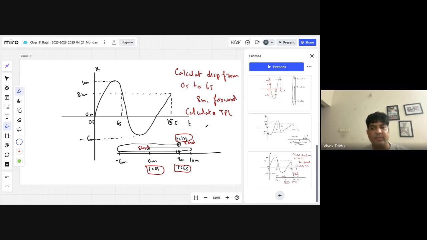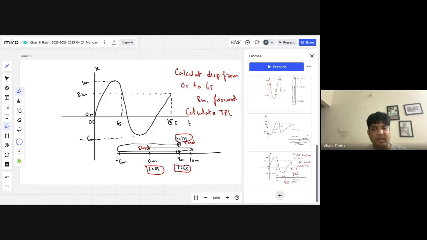Now calculate TPL. Now what is total path length? Between 0 to 6, for total path length, you are bothered about the path. Right? So you go like this all the way up to 10 meters.